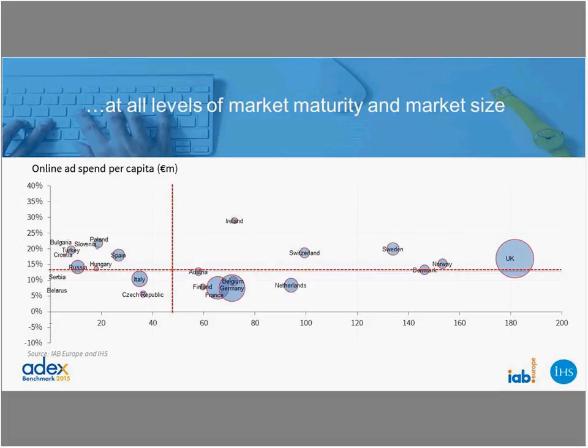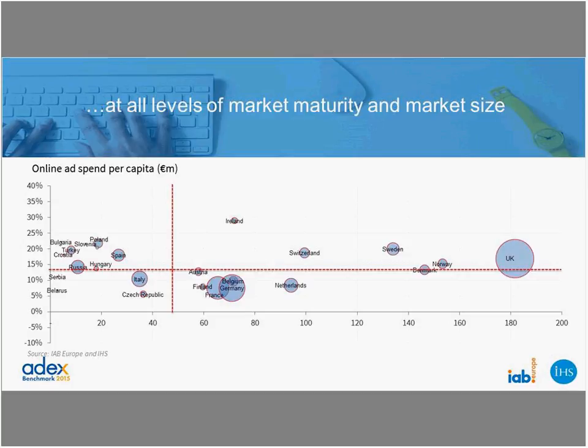I like this, as an analyst in particular, to look at this as a bubble chart. The size of the market is represented by the size of the bubble. On the x-axis, we see ad spend per capita, which is an indicator of market maturity, and on the y-axis, we see market growth. The lines are the European averages. You see here, visually, that of course the emerging markets are growing strongly, with a low maturity of ad spend, here on the top left of the chart.